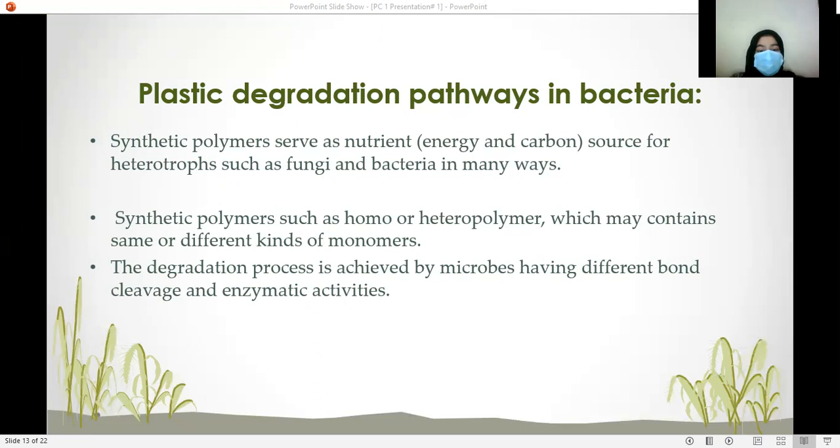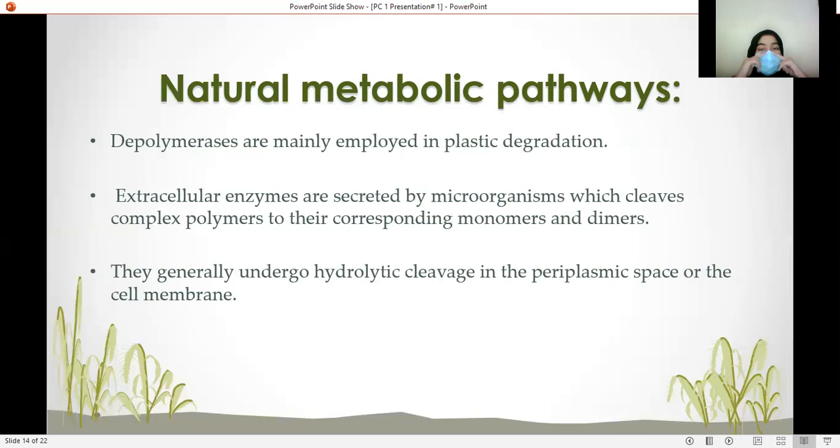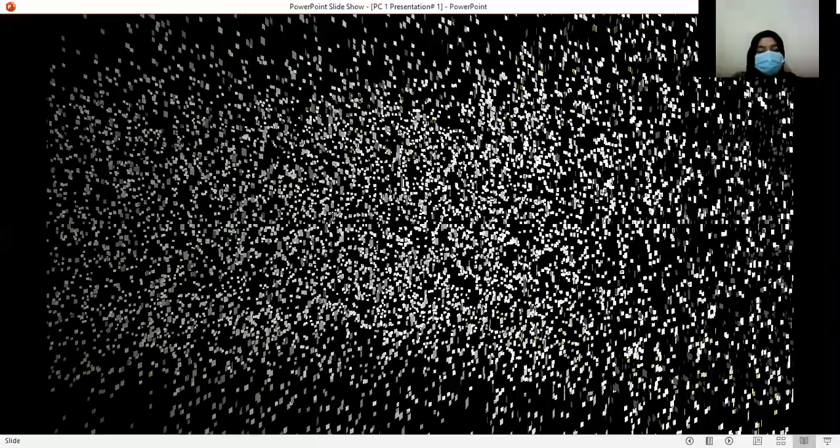Here we see the two pathways in metabolic activity. The first one is the natural metabolic pathway. Depolymerase enzymes are mainly employed in plastic degradation. Extracellular enzymes are secreted by microorganisms which cleave complex polymers to their corresponding monomers and dimers. These generally undergo hydrolytic cleavage in the periplasmic space and the cell membrane.